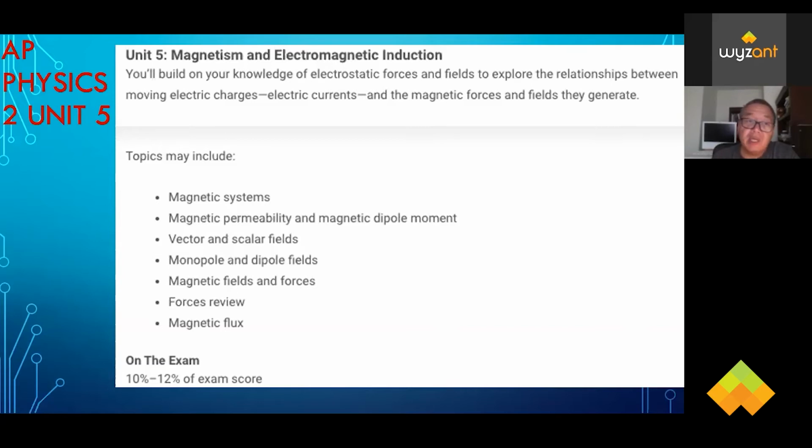The topics may include magnetic systems, magnetic permeability, and magnetic dipole moment. Also included are vector and scalar fields, monopole and dipole fields, and magnetic fields and forces, forces review, magnetic flux. And this unit covers about 10 to 12% of the exam score.